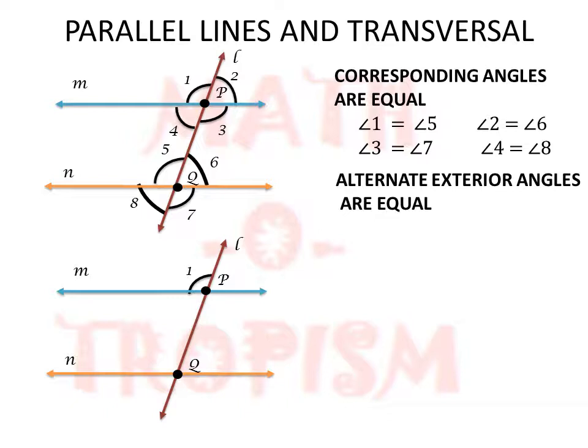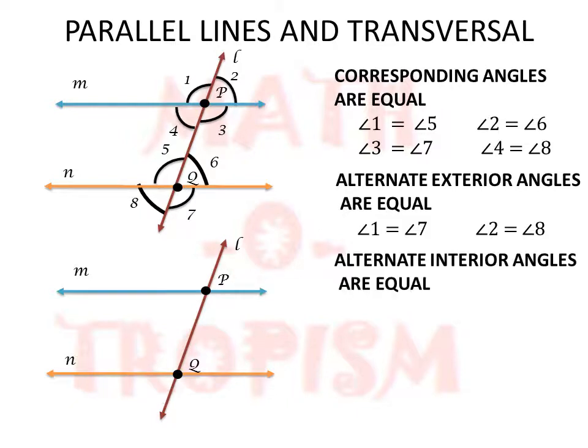Now which angle is alternate? That means on the opposite side of the transversal, angle 7, because angle 1 and angle 8 are both on the left side of the transversal. So I am taking the other side. So angle 1 and angle 7, similarly angle 2 and angle 8, and both of them will be equal.